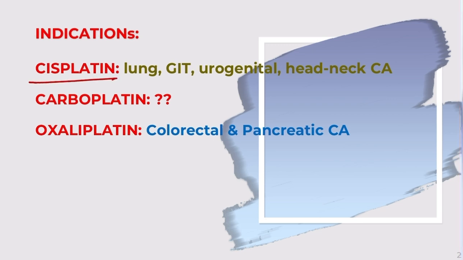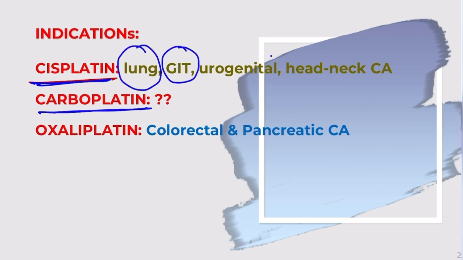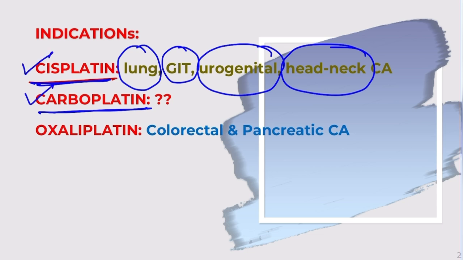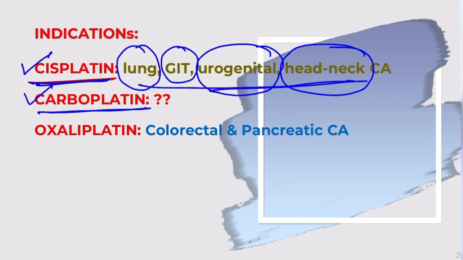Both drugs are used to treat lung carcinoma, GIT carcinoma, urogenital carcinoma, head and neck carcinoma. Okay. Cisplatin and carboplatin, these two drugs are used to treat these carcinomas. And oxaliplatin is used to treat colorectal and pancreatic carcinoma.